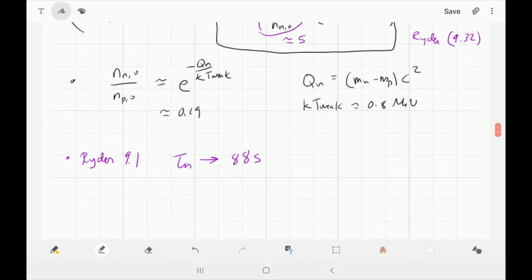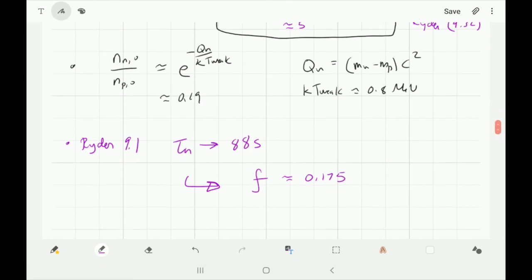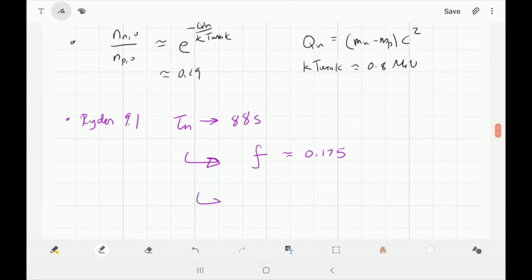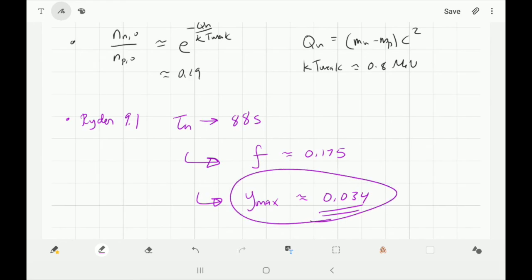You would hopefully find that the consequence of doing that is that this fraction of neutrons to protons at the time of nucleosynthesis would be approximately 0.175, taking it to 3 decimals. And as a consequence, this would tell you that the maximum amount of helium that could be produced would be approximately 0.034, or about 3.4% of a mass fraction. And that would be your final answer.